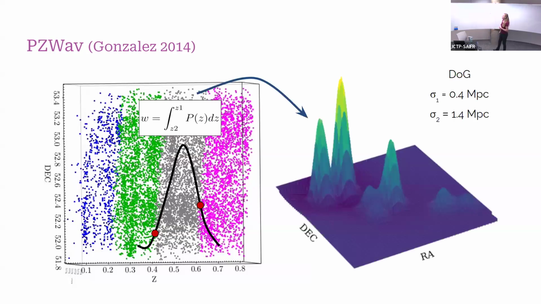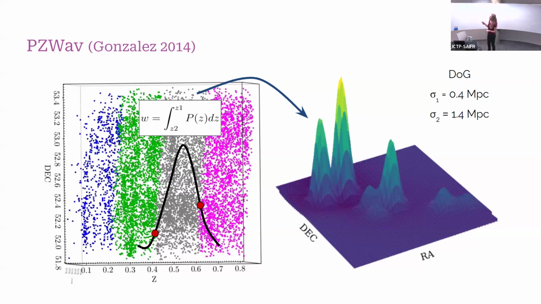So what happens then is that it's going to create these density maps to try to find the galaxy clusters. It will also apply a difference of Gaussian kernel, which will smooth these structures that are below or above the sigma that we are using.